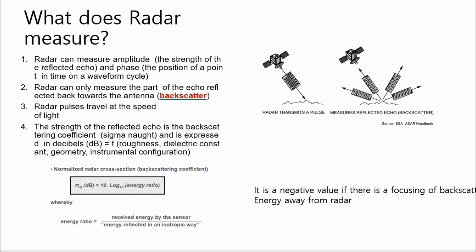So the strength of the reflected echo is the backscattering coefficient, which is expressed by sigma naught, and the unit is decibels. It is a function of roughness, dielectric constant, geometry, and instrumental configuration. Instrumental configuration means whether it is VV polarization or VH polarization, whether the view angle is 20 or 40 degrees, and so on.